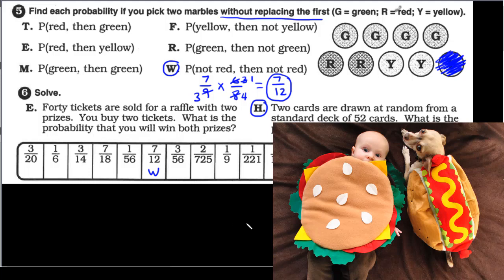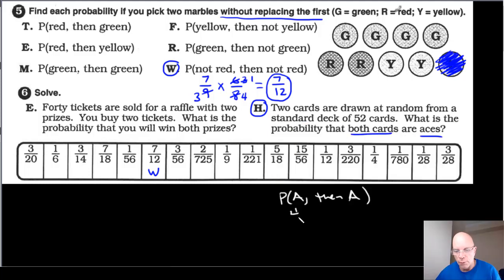Since 4 of the cards are aces, there's a 4 out of 52, 4/52, probability of picking an ace the first time, multiplied by the probability of getting a second ace. There's 1 fewer ace in the deck, so now there are 3 aces as your favorable outcomes, and the possible outcomes are no longer 52, now they're 51, because that first card is no longer in the deck.